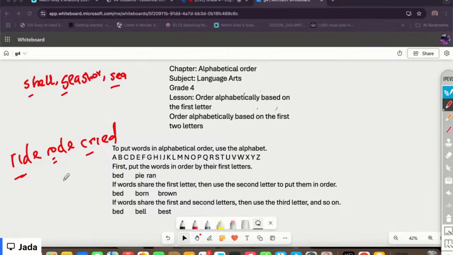So because C is different, cried will come first. Okay. So we have cried first. Then we have to check between the ride and road. R, yeah. But then the second letter, which one comes first? It has to be I. So it will be ride and then road. So that's how it is.